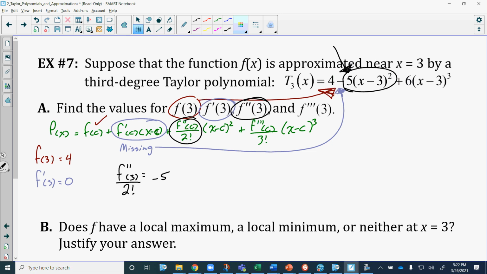So if I want to know what f double prime of 3 is, I'm going to multiply both sides by 2 factorial, giving me negative 5 times 2 factorial, which would just be negative 10.